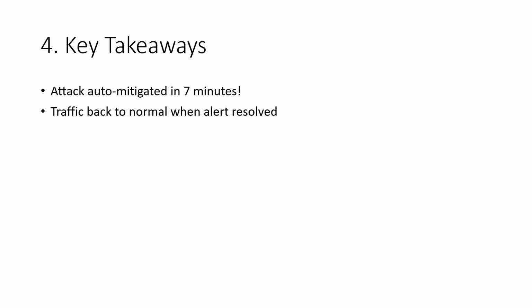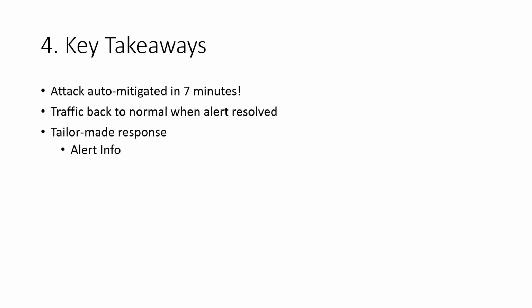Next, we noticed that the traffic got back to normal when the alert was resolved. This was done by removing the rate limit rules that were put into place automatically. And finally, we want to emphasize the fact that we crafted a tailor-made response in near real time to this attack by using the information from the alert.